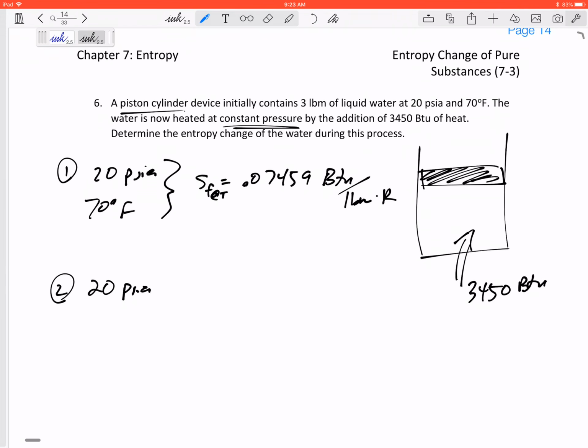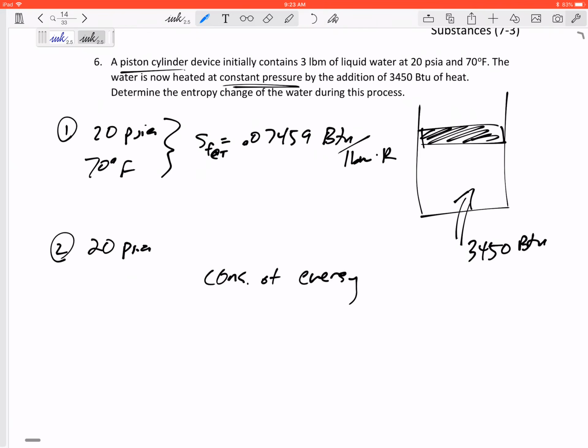Let's look at conservation of energy and see what we can do. Q plus W, there's no mass going in or out, equals delta, well, should I use delta U or delta H? If I include the boundary work with delta U, then the right-hand side is delta H, and it's okay to use delta H for a constant pressure process that has boundary work.